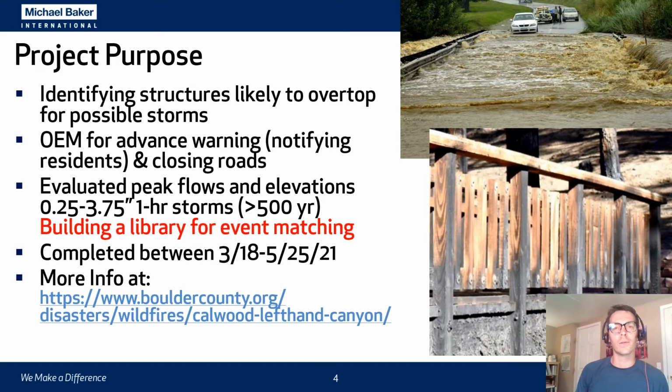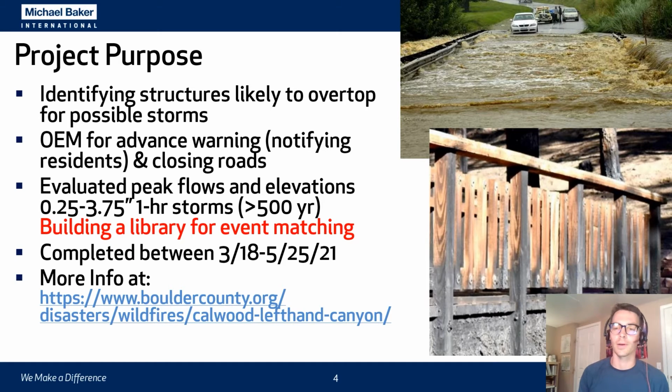So we evaluated peak flows and elevations for a wide range of storms varying between 1/4 inch to 3.75 inches for a 1-hour storm, assuming these are the standard convective thunderstorms that would come through. At that upper range, we're looking at something greater than a 500-year event. So these are improbable, but with post-fire conditions, the question was, what kind of flows could those generate?